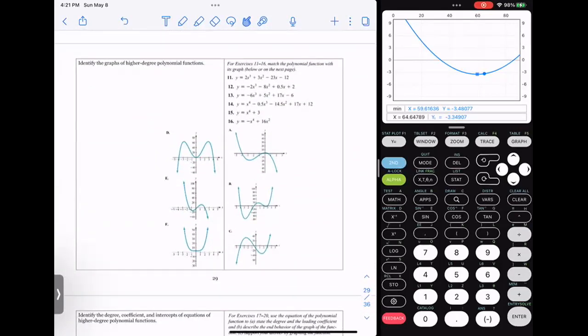Any questions here? Those make a decent amount of sense to me. Just an easy way of remembering that: look at the exponent, see which is your highest number, that's your degree.